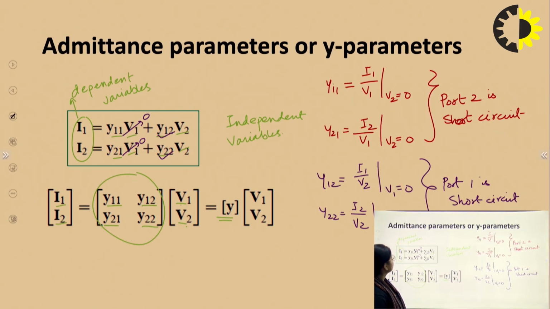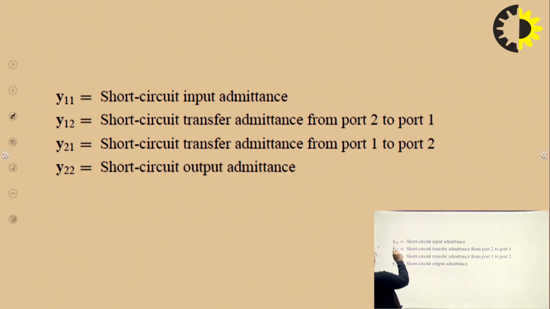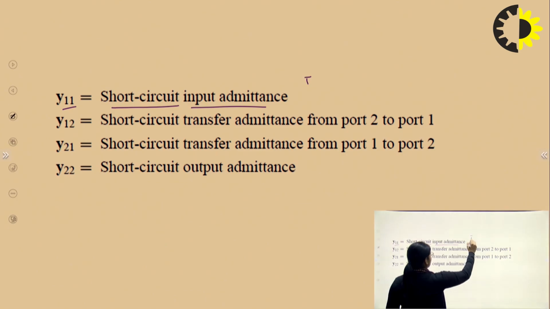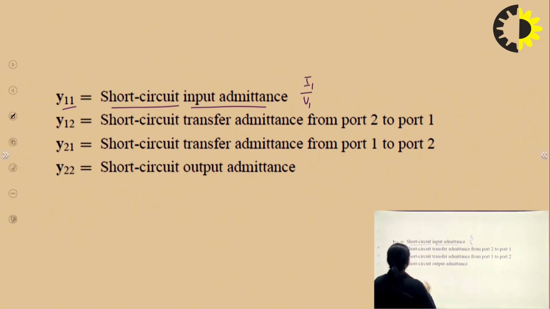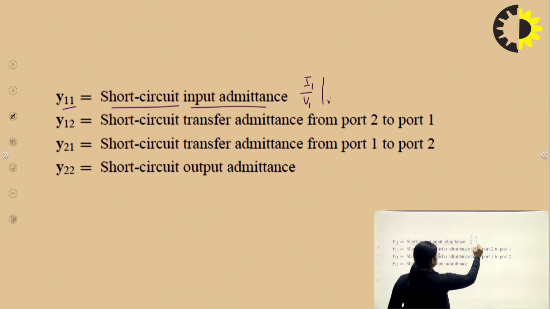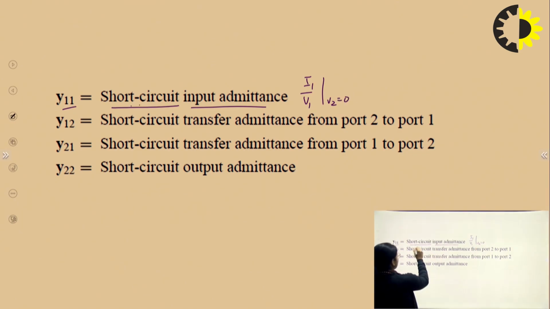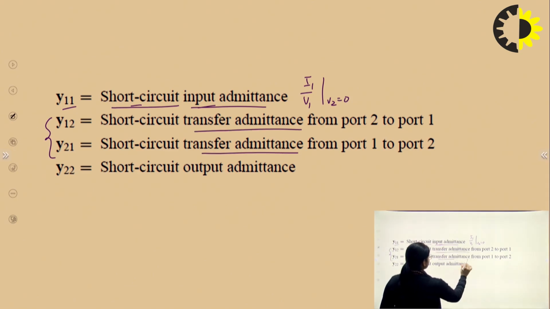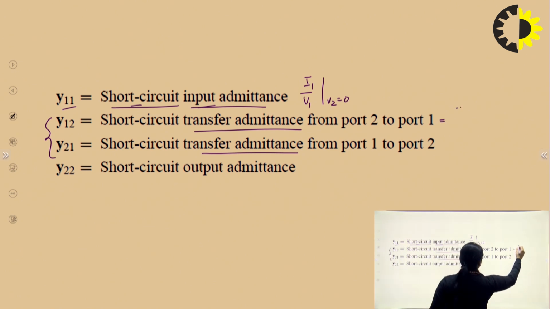Fine. So, Y11 is equal to the short circuit input admittance. Why input? Because I1 by V1 is the value of Y11 while V2 is equal to 0. So, this is the short circuit input admittance. Similarly, these two are the transfer admittances, because the two variables are from the input and output ports.